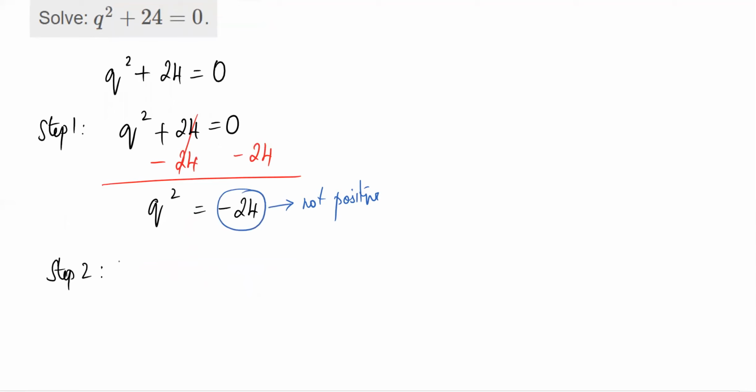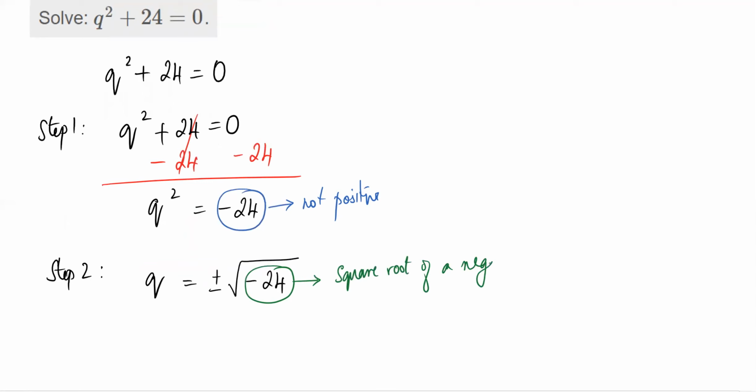So let me just illustrate that here. In step 2, if you use the square root property, it's plus or minus square root of negative 24, right? We know that the square root of a negative radicand does not produce a real number.